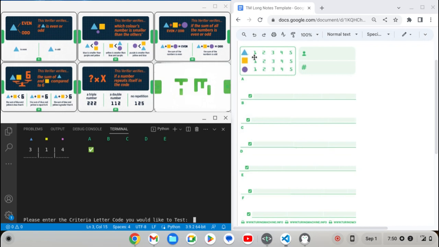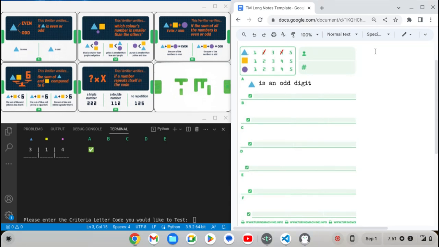So let's go ahead and type that up in our notes. So in section A, we will say that triangle is an odd digit. And since it is odd, that means I can cross out the evens, which are 2 and 4. Let's go ahead and cross out 2 and 4.